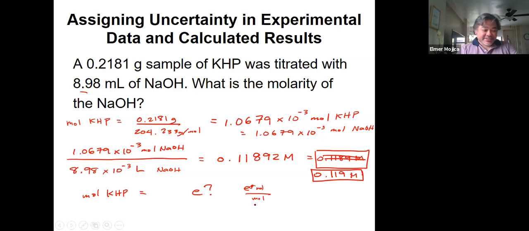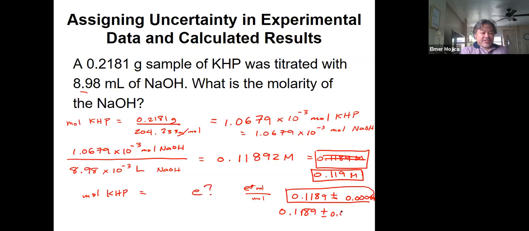That's a little bit tedious. And if you work on it, you will get a value of around 0.1189 plus or minus 0.0004. So that is following the second rule, wherein you have to take into consideration all the uncertainty.